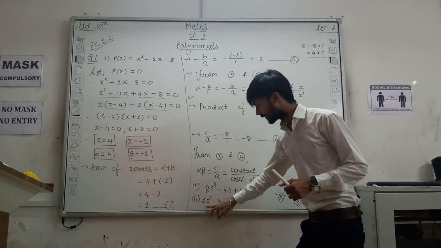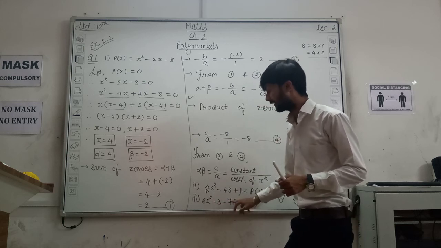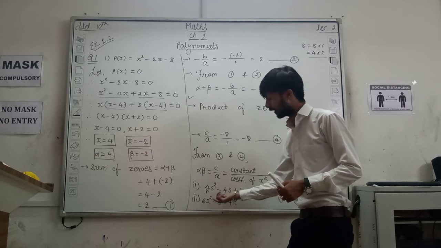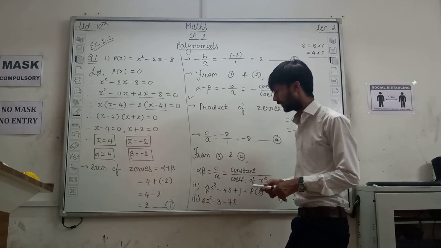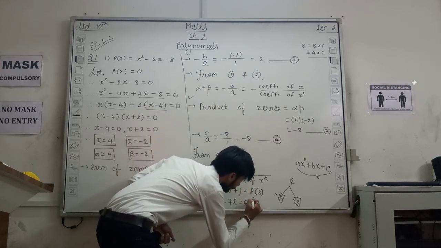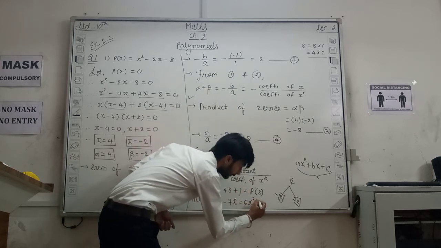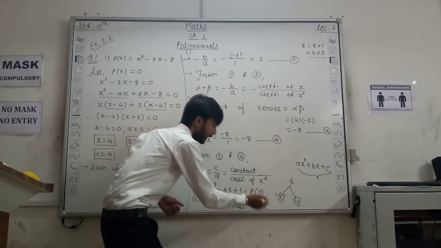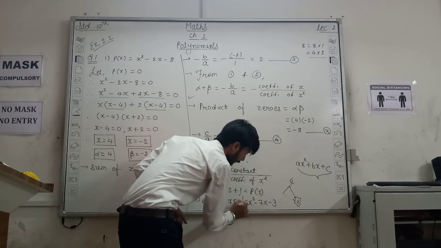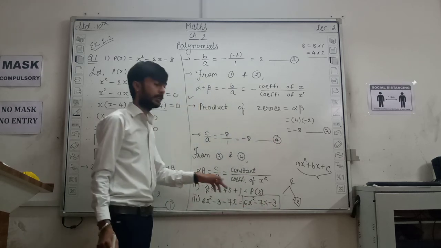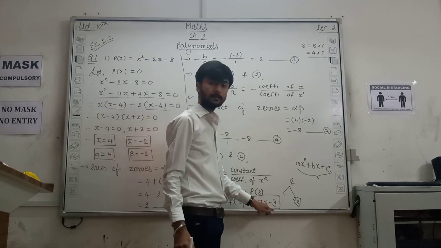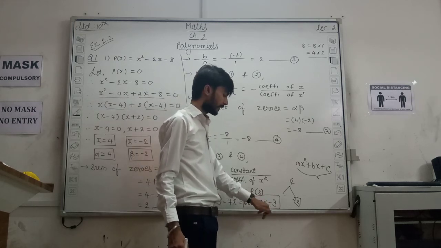But here in 6x square minus 3 minus 7x, the x term is last, so take it to the middle. So it will be 6x square minus 7x, and minus 3 at the end. So this is our polynomial p of x, because the variable is x: 6x square minus 7x minus 3.